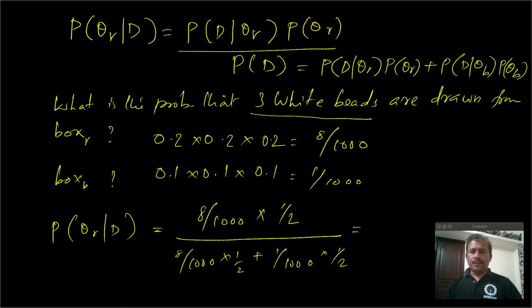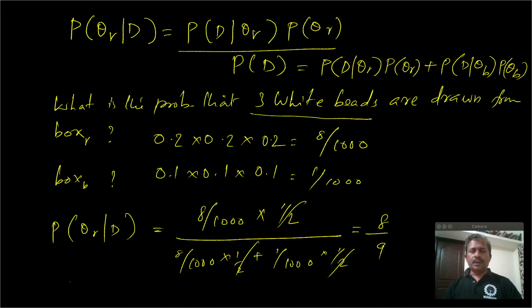If you compute this, the half and half will get cancelled, so this will be 8 over 9, right? So this is the probability of getting 3 white beads in a row from the red box.